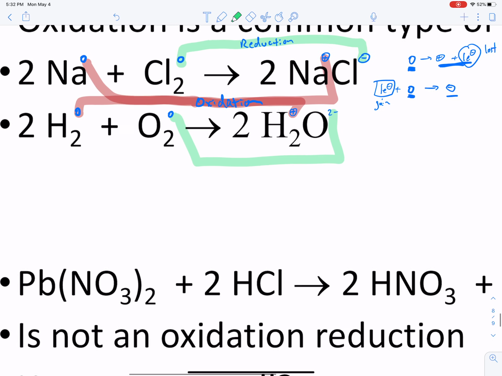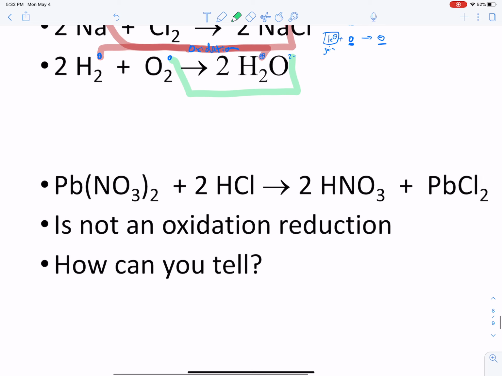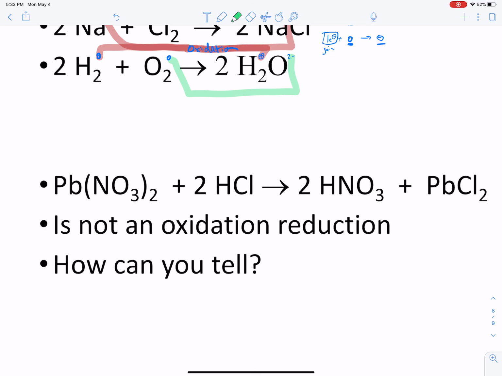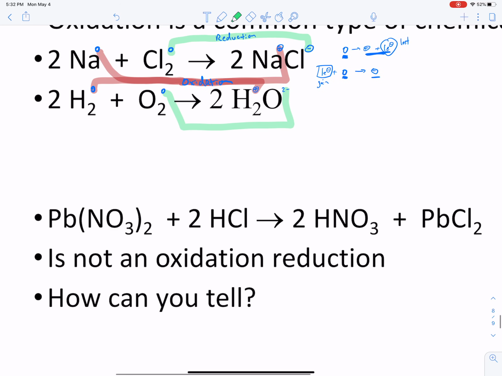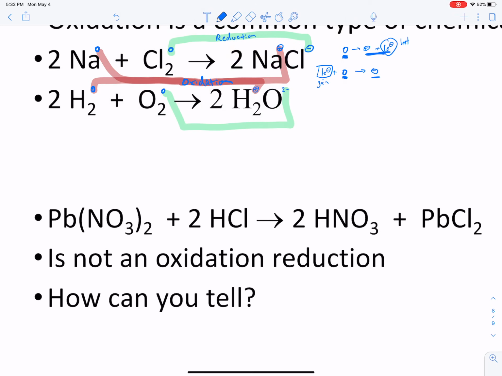So, what about something that's a little bit more interesting? Let's look at this. This is not an oxidation reduction reaction. It is not a redox reaction. Why? All right, let's walk through this. Nitrate, this NO3 right here, is a -1.